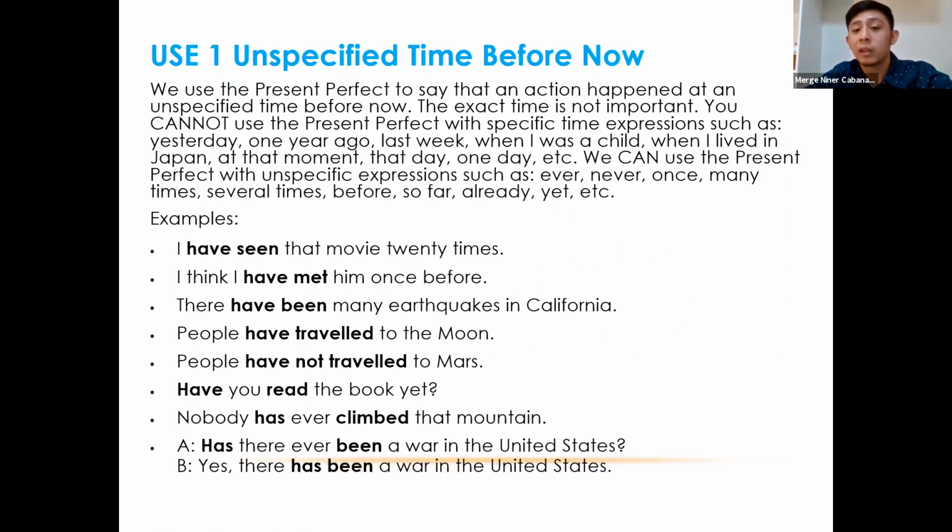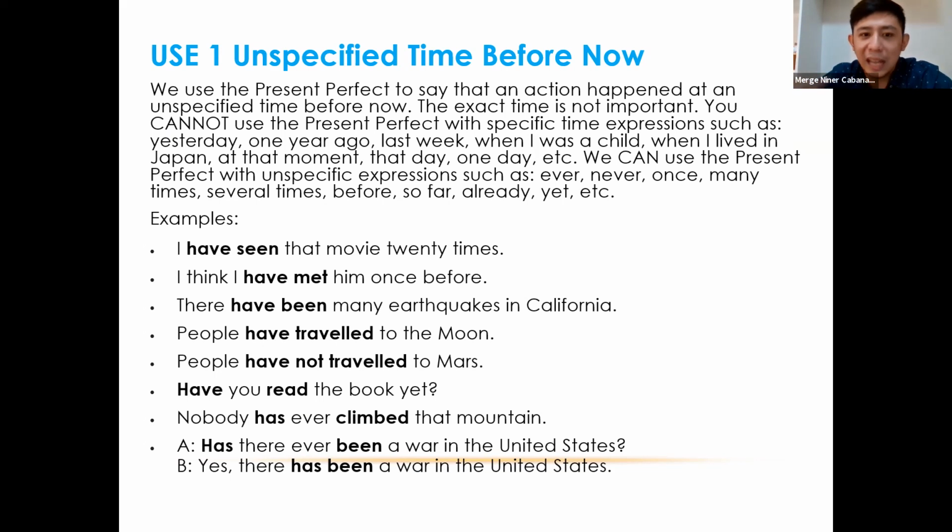So we use the present perfect tense for the unspecified time before now, which means past. Okay. We use the present perfect to say that an action happened at an unspecified time before now. Take a look. Unspecified. You will not mention when this time is. You cannot use the present perfect with a specific time expression like this.